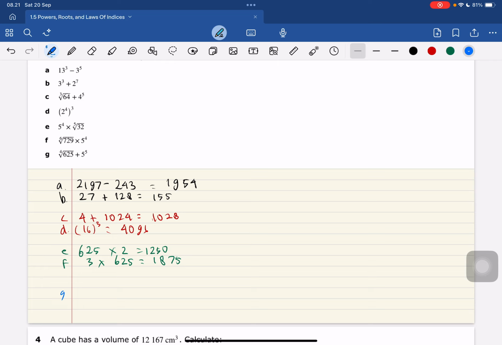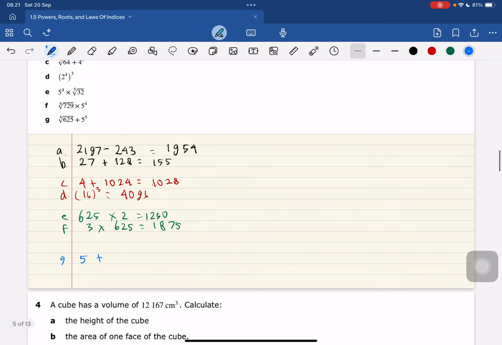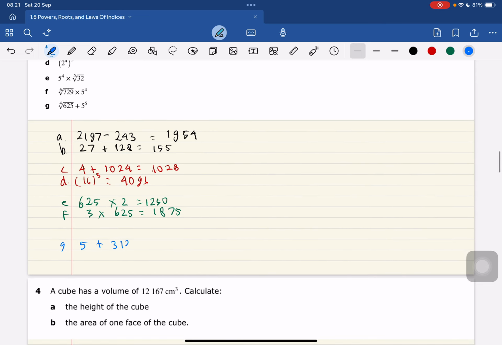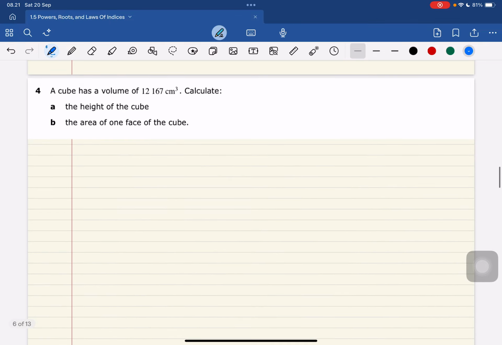You can use your calculator. So this is 5. So 5 plus 5 power of 5, which is 3125, is 3130.